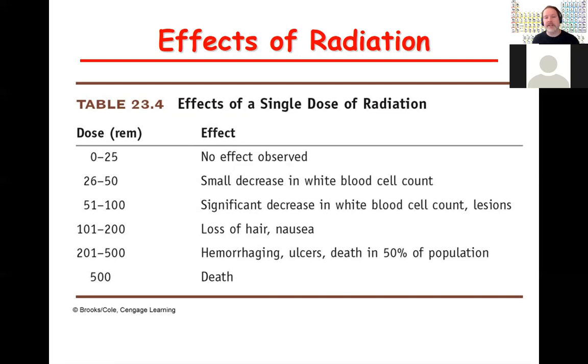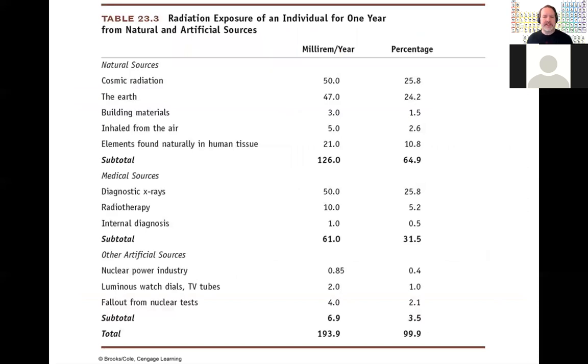Now, what is our relative exposure? You can see in this chart right here, which is in millirem. Okay, that previous chart was from 0 to 25 rem. So this is way smaller. These are tiny little millirems. So you can see our natural exposure, if you look at 193 here, or 100% of our total, where do we get exposed to the most?